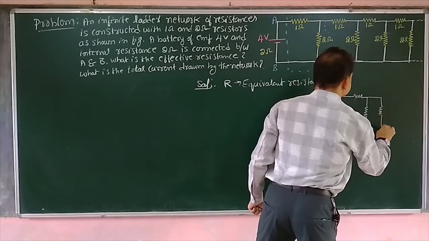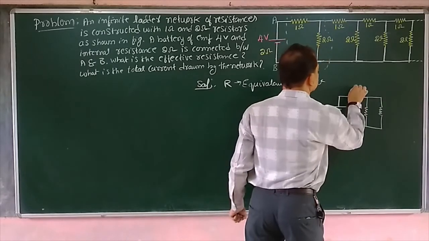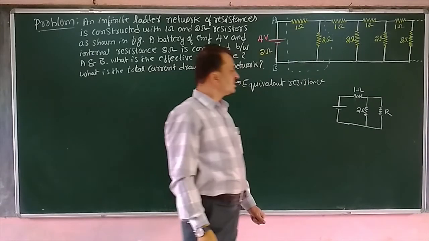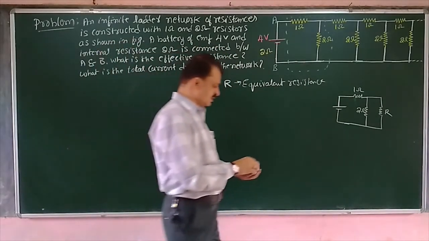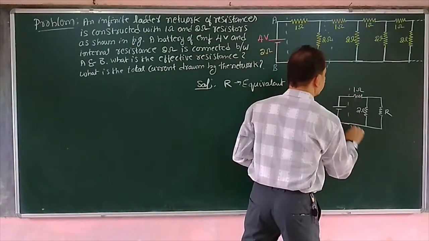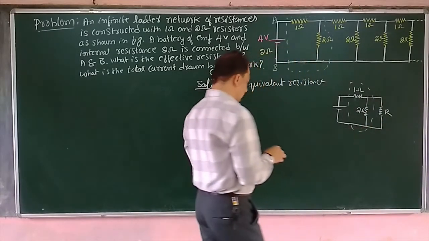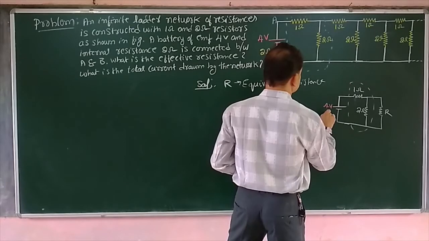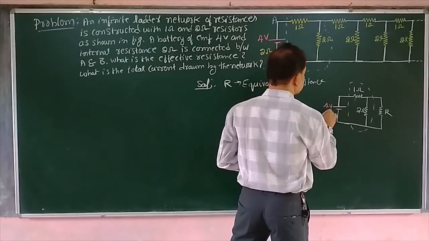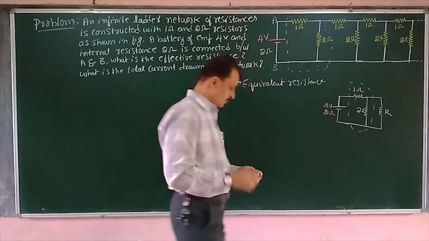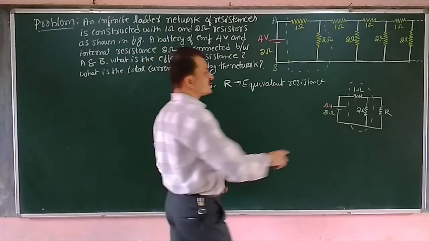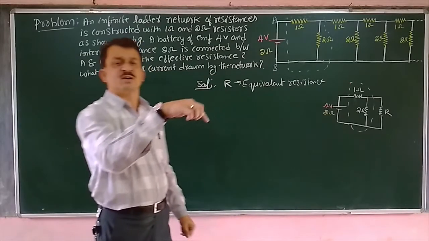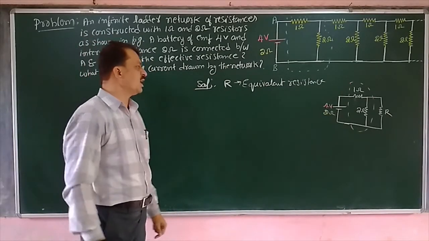This is the infinite series equivalent, and this is the additional unit, 1 ohm and 2 ohm. Now the battery is 4 volts with internal resistance 2 ohms. Now we will work out their equivalent resistance. The resistance of the infinite series also remains the same, that is R.